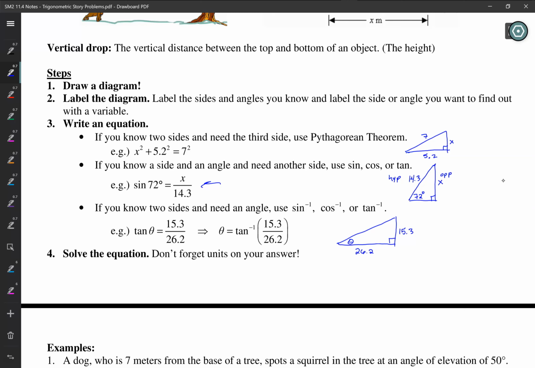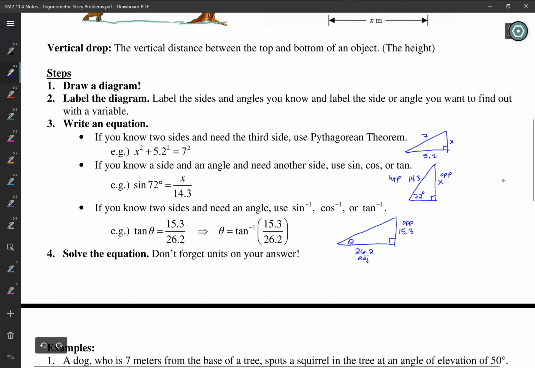So you'd go, okay, well this side's opposite and this side's adjacent. So to get that angle, I would use tangent. Tangent is opposite over adjacent. And you want to tell your calculator, hey calculator, I know what the tangent is. You tell me the angle. That's when you would use the inverse tangent.